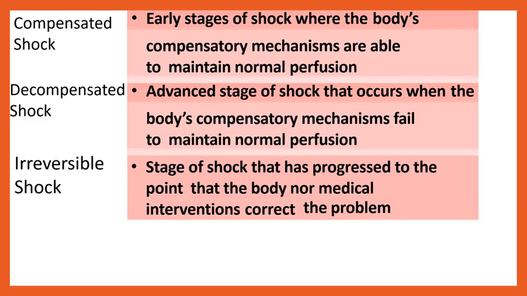So the compensated is the early stage of shock where the body's compensatory mechanisms are able to maintain normal perfusion to the critical organs. And the decompensated is the advanced stage that occurs when the body's compensatory mechanisms fail to maintain normal perfusion. And the irreversible stage has progressed to the point that neither the body nor medical interventions can correct the problem.